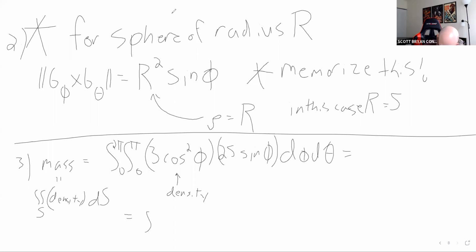So that's integral 0 to 2 pi, integral 0 to pi, 3 times 25 is 75, cos squared phi sine phi, d phi d theta. And that's just a simple u-sub.